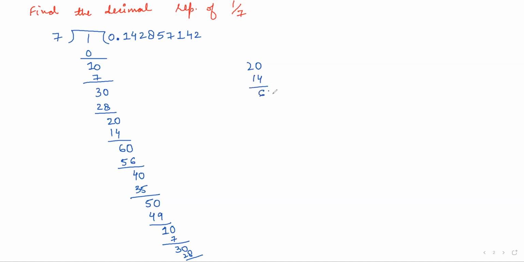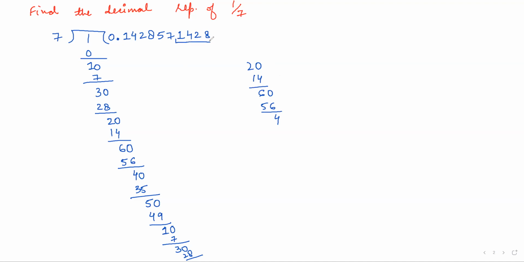So 6, make it 60. So I think you can see the pattern again. Now 7 into 8 is 56, 40. So you can see 142857 and again 1428 has started.